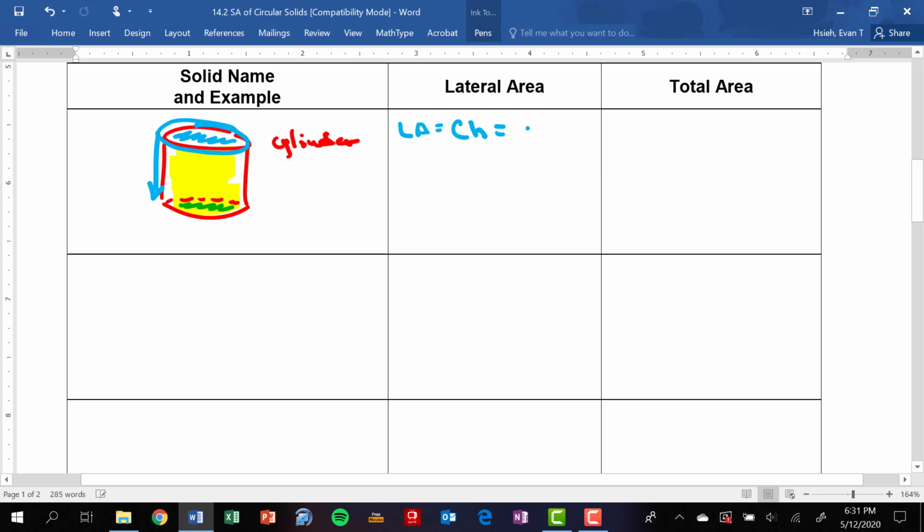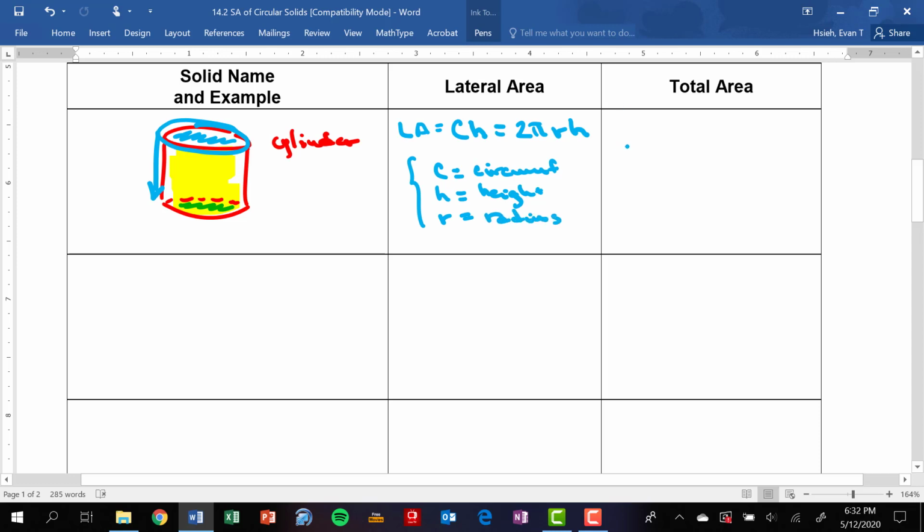Another way to say this formula is 2 pi RH, where again C stands for circumference, H stands for the height, and R stands for the radius.